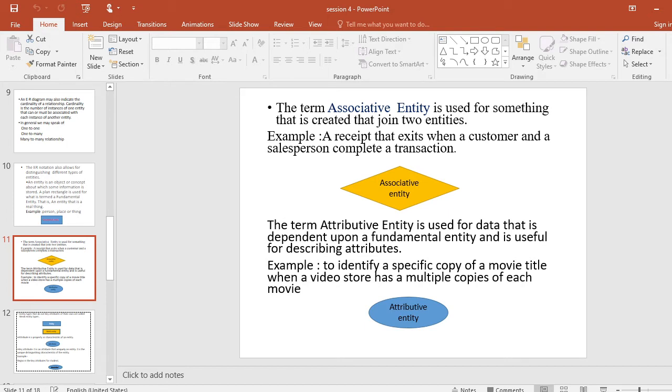The term attribute entity is used for data that is dependent upon a fundamental entity and is useful for describing attributes, because each entity has so many field names, and each field name is an indication of an attribute, so you can easily explain and describe the attributes. Example: to identify a specific copy of a movie title when a video store has multiple copies of each movie.